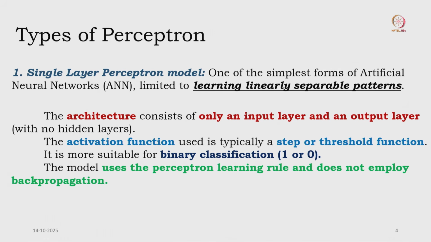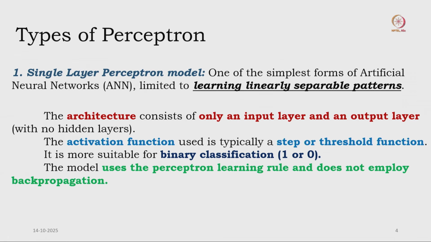So the single layer perceptron is one which is designed for linearly separable patterns. And how does the architecture of a single layer perceptron look? The architecture consists of only an input layer and an output layer. Between input and output we will not have any hidden layers.